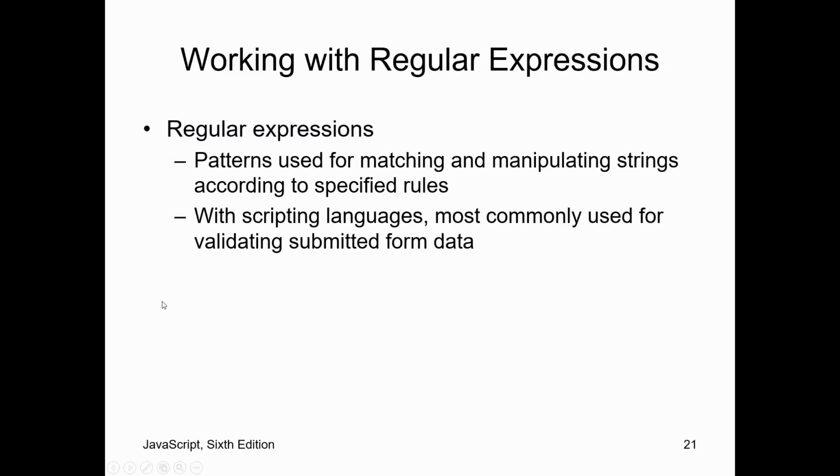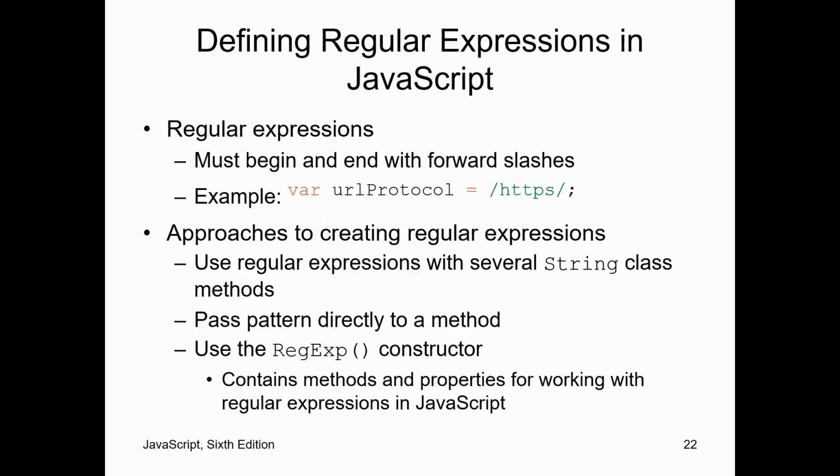So, in a nutshell, regular expressions are patterns that you use to match things and, if necessary, to change things. Most often, as mentioned right here, you use regular expressions when you're validating data to make sure that the data is what you think it'll be. Here's an example.